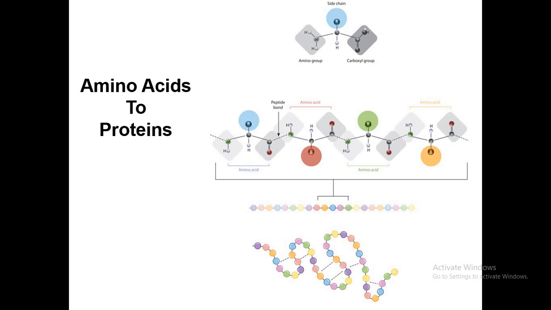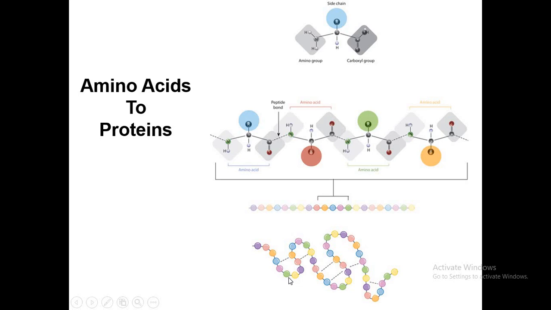Up till now we studied what amino acids are and their physical and chemical properties, and now we are seeing how protein forms from these monomeric units that are amino acids. So actually, what is this protein? We have a diagram of protein here.